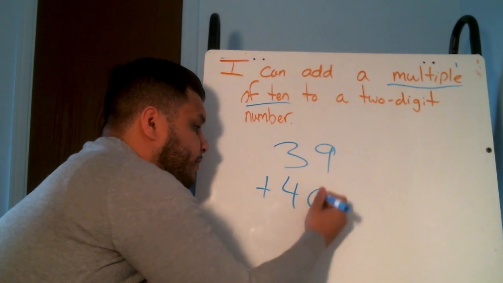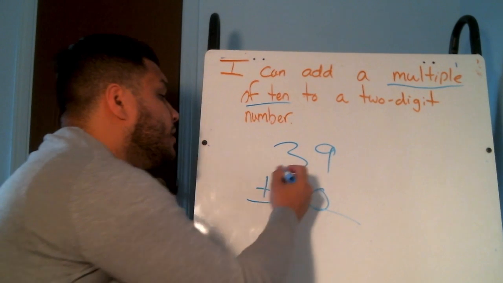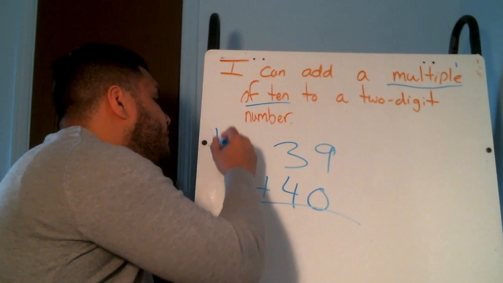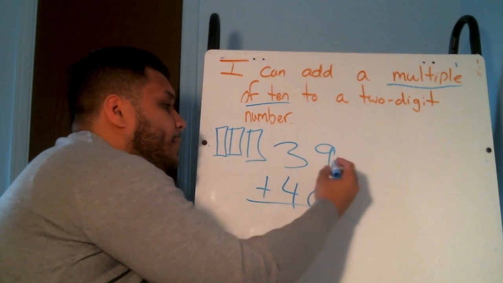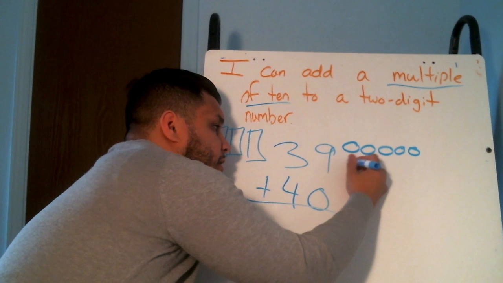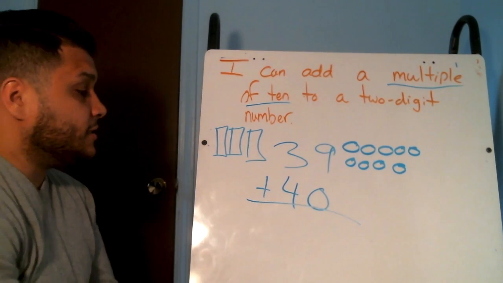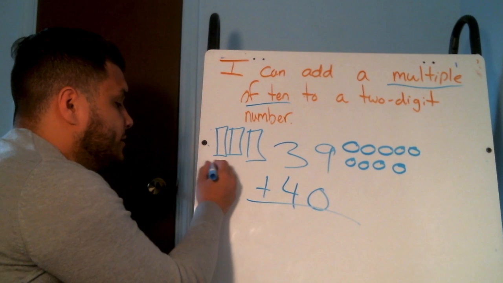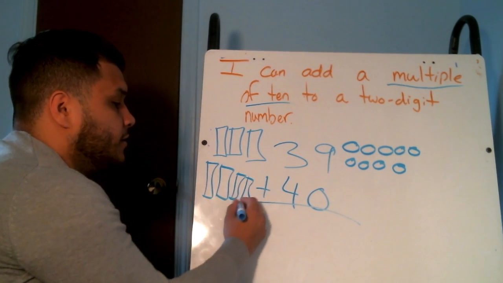39 plus 40. Step number 1, draw a picture. How many tens does 39 have? 3 tens. 2, 3. How many ones? 9. 2, 3, 4, 5, 6, 7, 8, 9. Perfect. How many tens does 40 have? 4 tens. 1, 2, 3, 4.